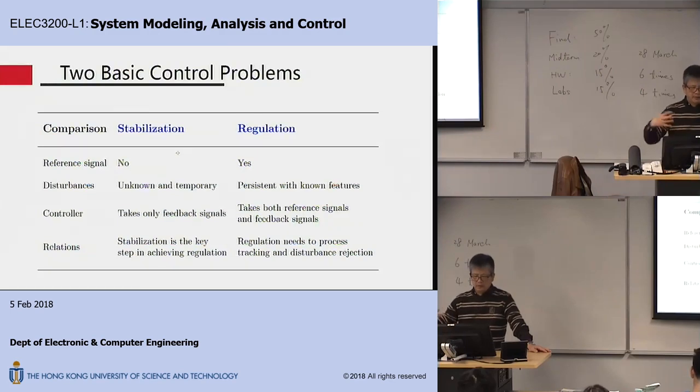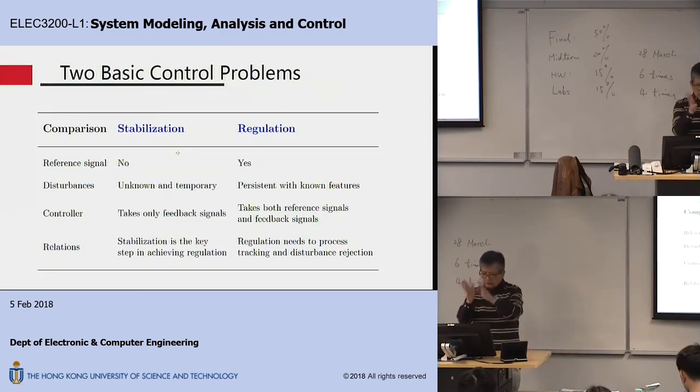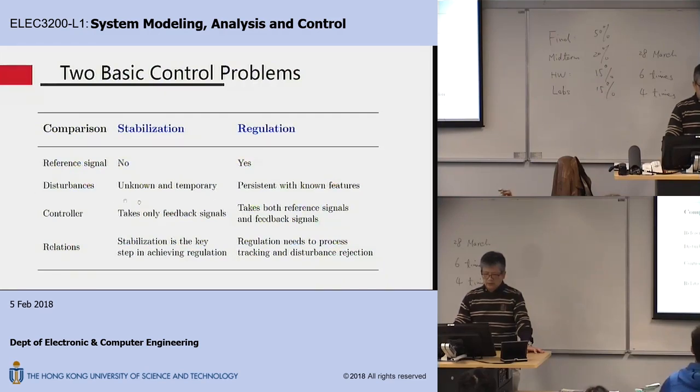You just want to make things work in a natural, nice way. In the regulation problem, you want to make the system follow some kind of external commands. Sometimes you also have different features in the disturbances, but we can look at that later.